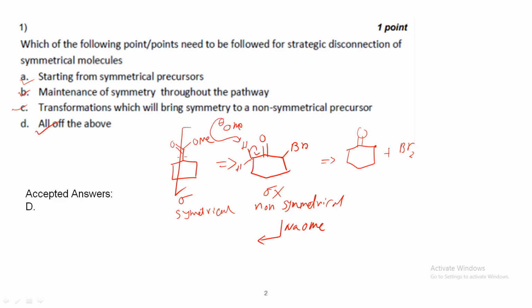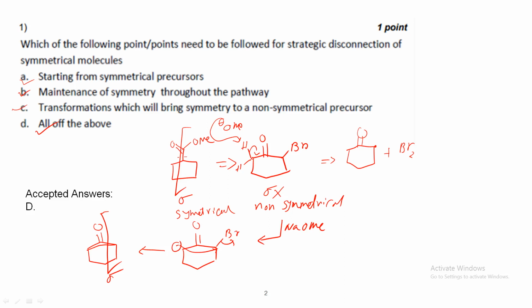After that, an enolate would be formed, followed by an SN2 type of attack, which would remove the Br minus. So now you can see after this SN2, or elimination of bromine, again we can write the sigma plane. So by this transformation, we transform a non-symmetrical molecule to a symmetrical one.